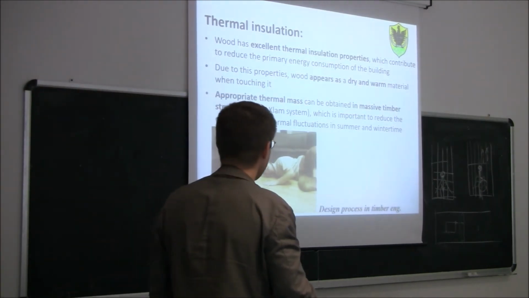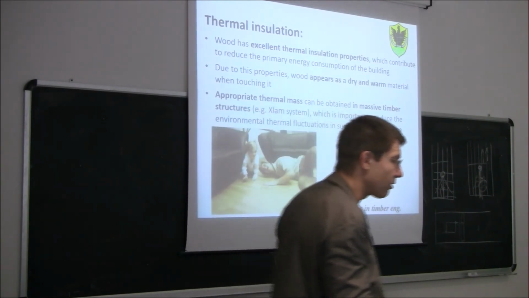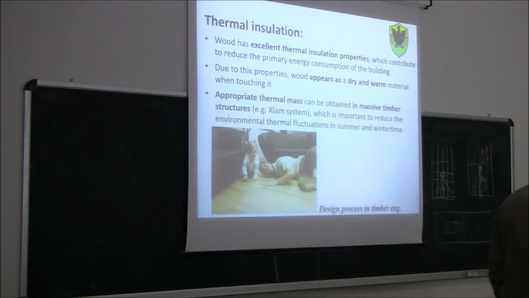So basically, we need thermal mass in order to reduce the thermal fluctuation that we have outside, in winter or summer. We have a kind of thermal inertia that reduces these thermal fluctuations. And the X-lam system is going to provide this thermal mass.